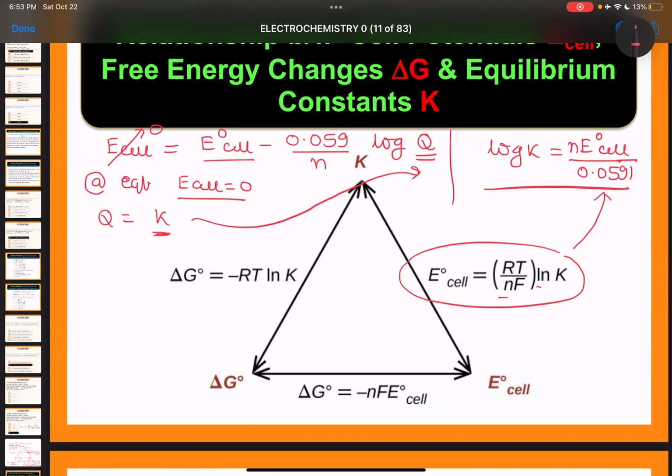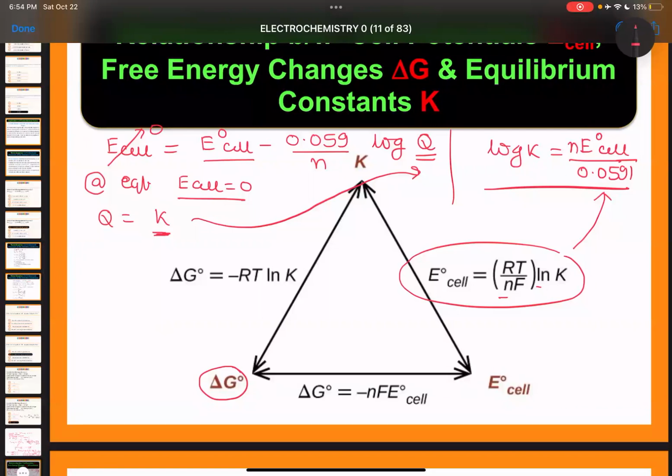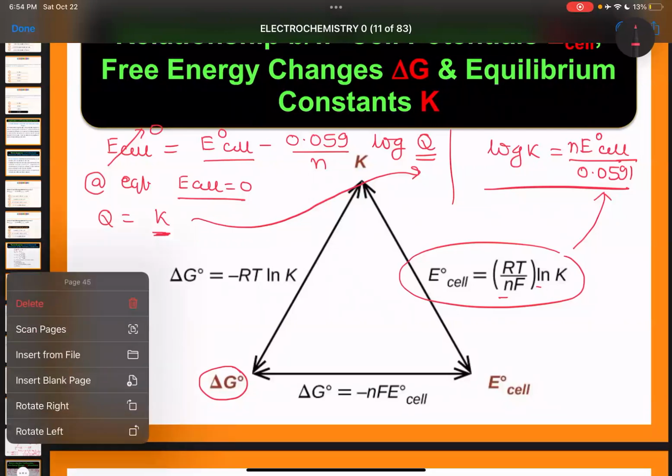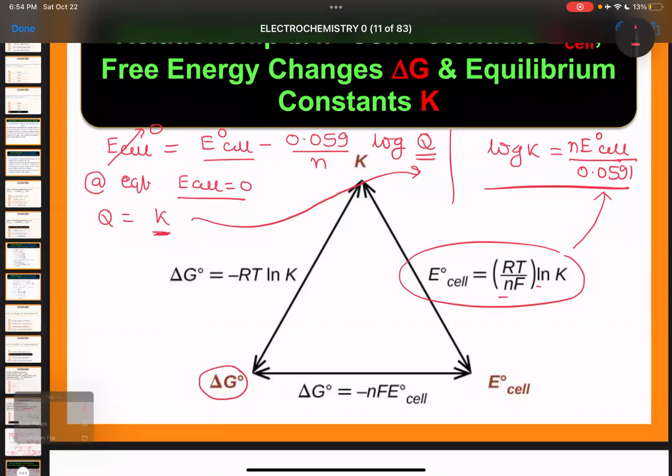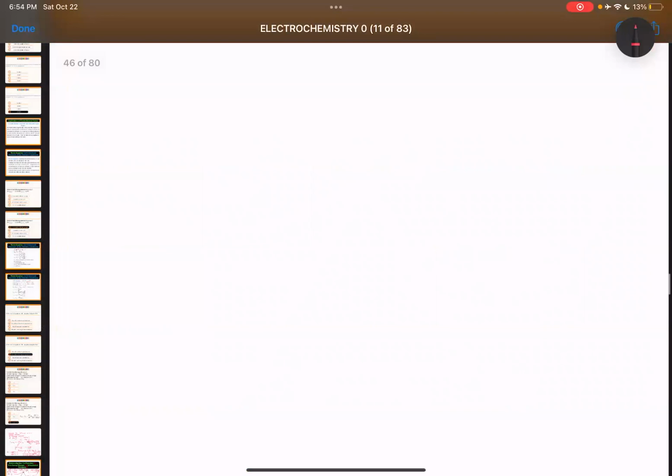Clear? And what is the relationship between delta G naught and EMF of the cell? Any idea? You have completed your boards, and in boards you have studied this chapter, right?